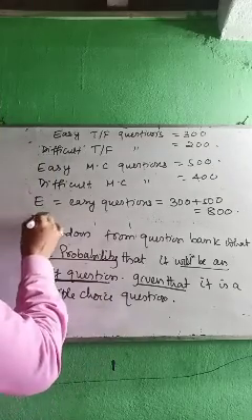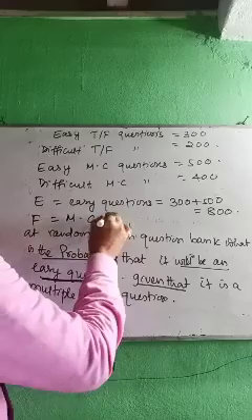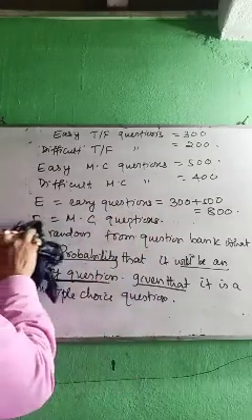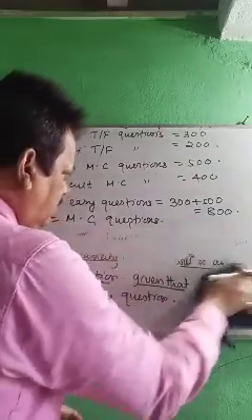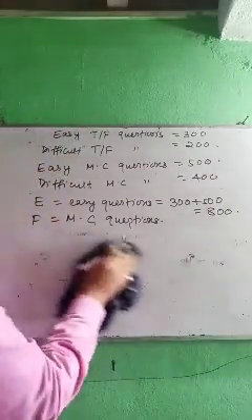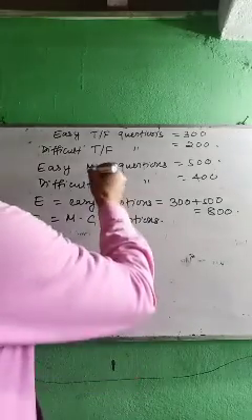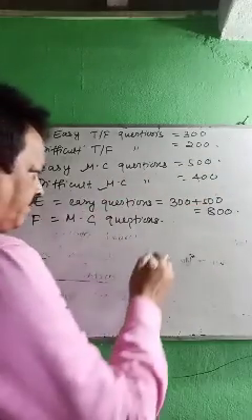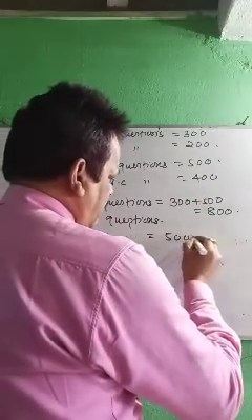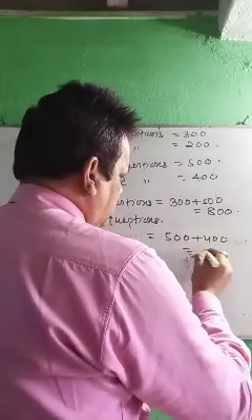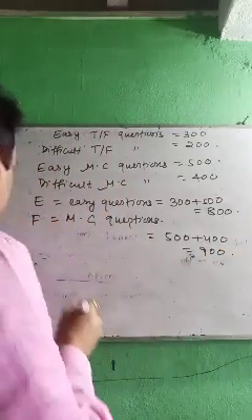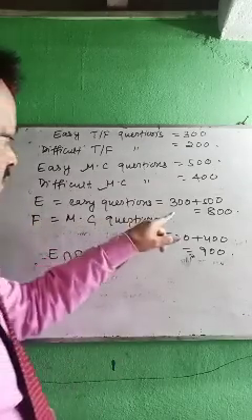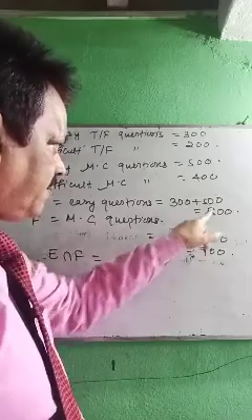F is multiple choice questions. Multiple choice question is here, multiple choice question is here. That means 500 plus 400, that is 900. Okay. What is E intersection F? What is common between E and F? You can find 500.